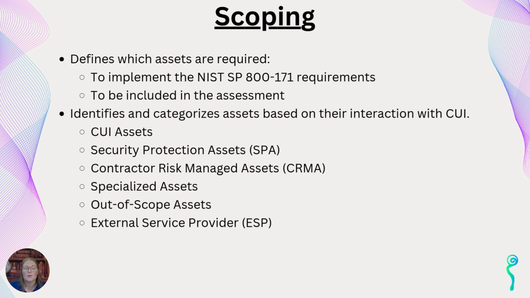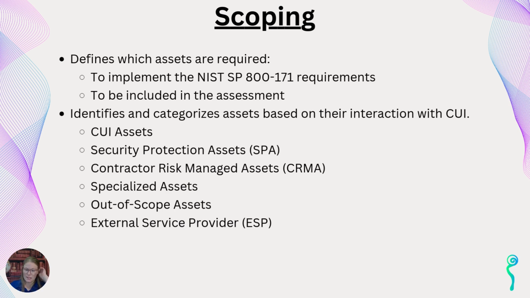Out-of-scope assets are those assets that cannot store, process, or transmit CUI information and do not provide security functionality to the assets in scope of a CMMC assessment. And then the last, external service providers. This is not a category of asset.